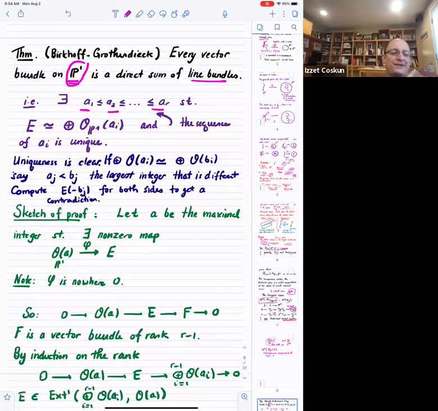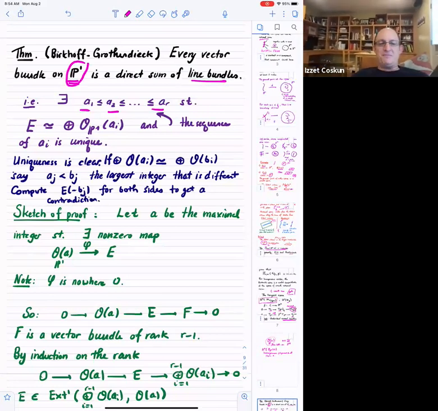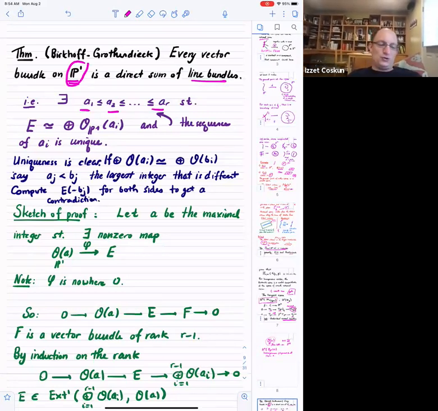The first observation is that the uniqueness, of course, is clear. Let me sketch a proof of this theorem because it's such a fundamental theorem that everybody should know. Suppose that you have two decompositions like this, and say the A_i and B_i are the two sequences.